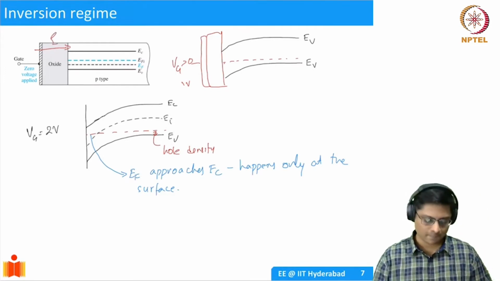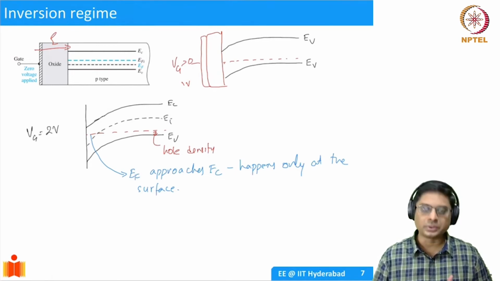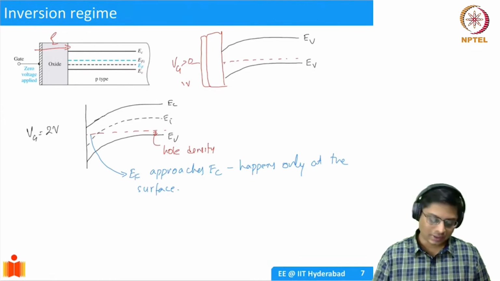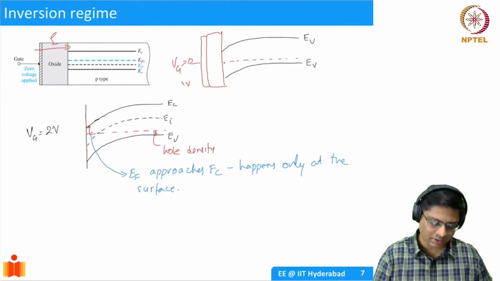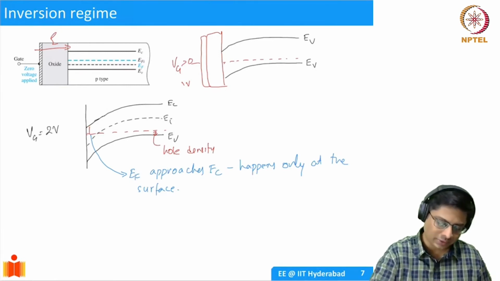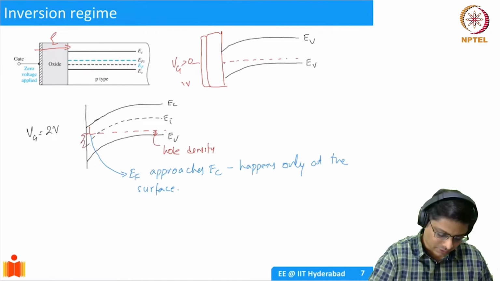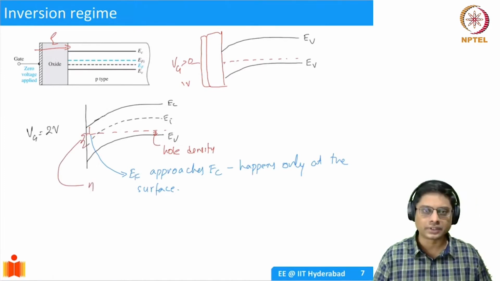Now, what does it mean that EF is closer to EC? It means that there are some electrons there. How many electrons? That will be defined by the distance of EC from EF, or you could also define it as this distance. This will give you the number of electrons.